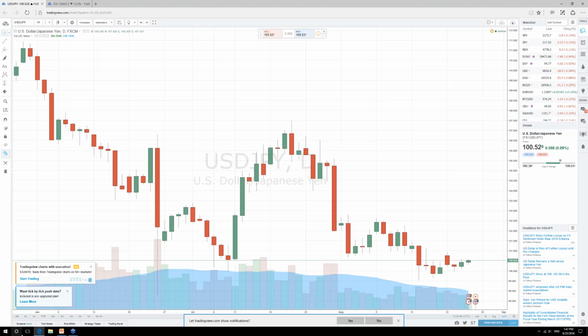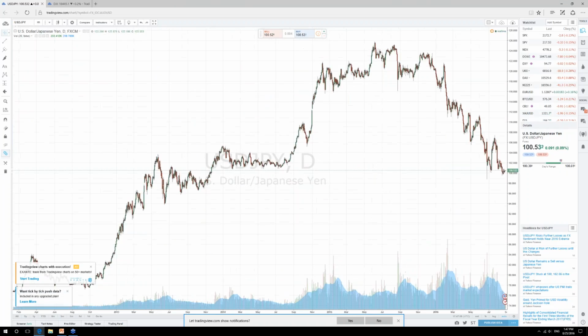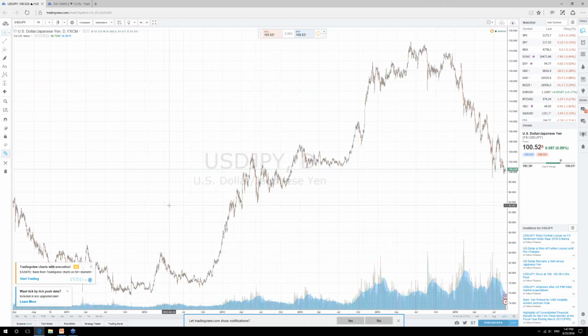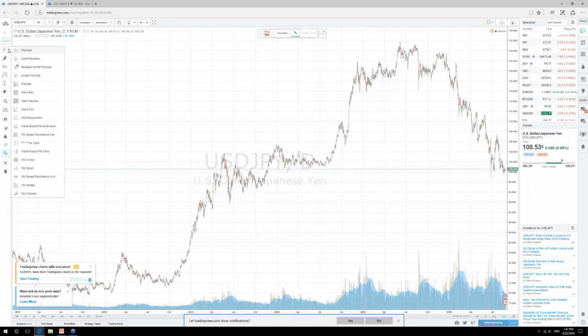So if you're trading the dollar yen, you want to go bearish. And if by then the US dollar hasn't reached 96, which it very well could, you want to go bearish in dollar yen and target one of the historical levels from back in the crash of the market in 2008 and move forward. So our bearish targets for dollar yen, for example, in case of a Trump presidency, let's actually do a Fibonacci analysis on this.